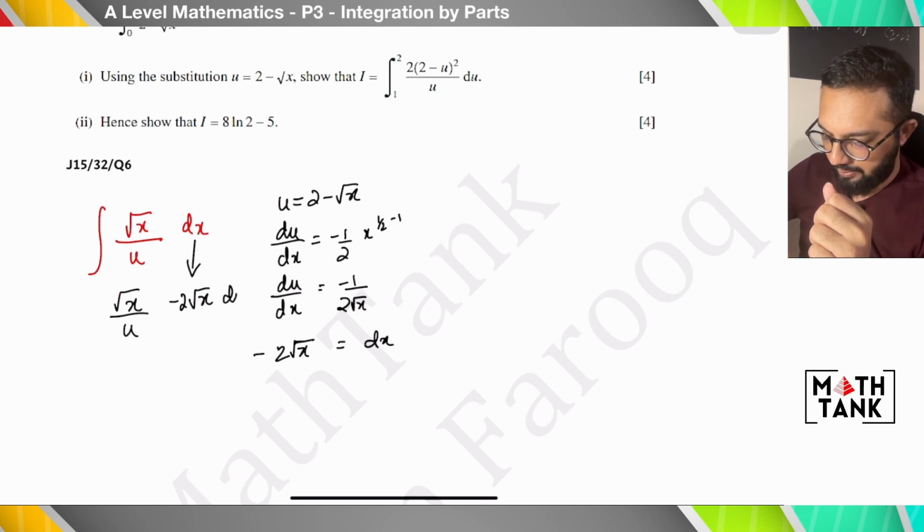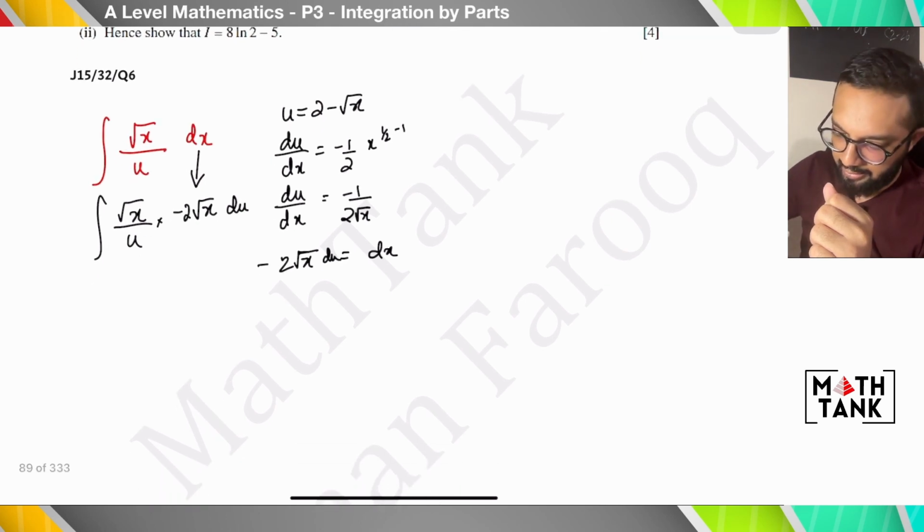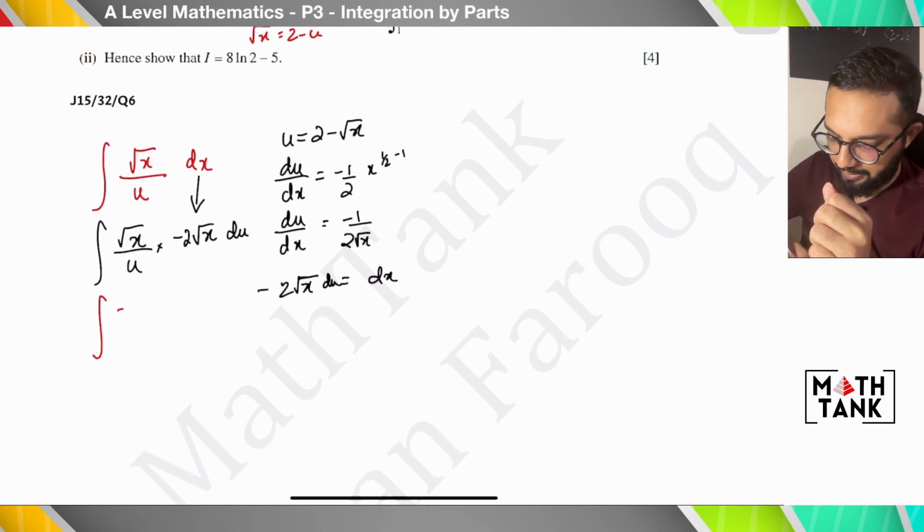Now, what I wanted was for this to be replaced with u, but unfortunately there's a lot of multiplication right now happening, and now what I see is that I could replace root x with 2 minus u. So let's do that. This becomes 2 minus u over u and minus 2 u du.